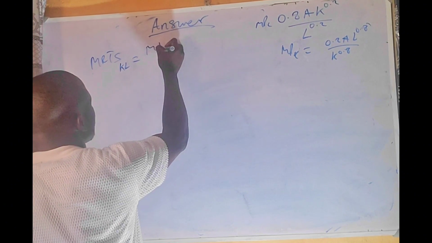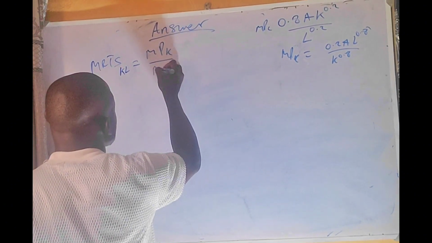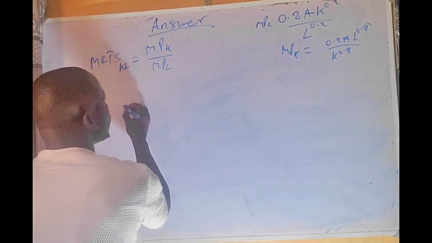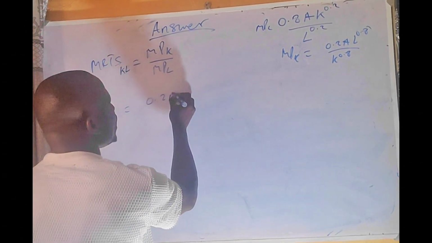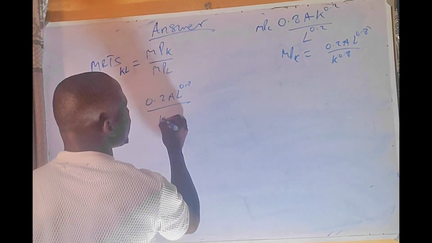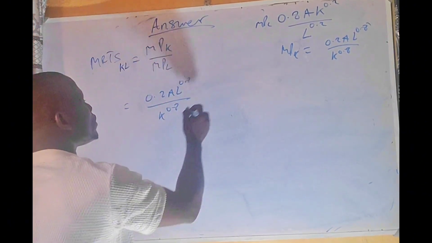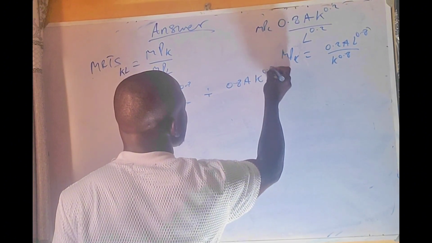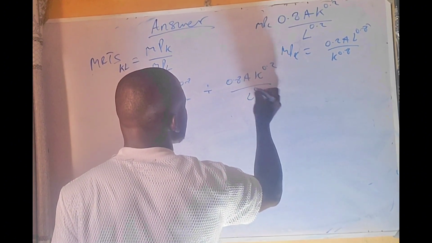This will be the marginal product of capital all over the marginal product of labor. So now we have 0.2 A L^0.8 all over K^0.8 divided by 0.8 A K^0.2 all over L^0.2.